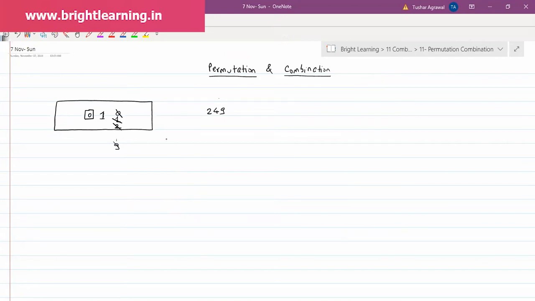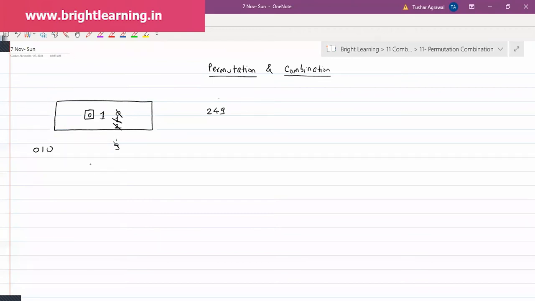So I can ask you, at what attempt will you be able to open this suitcase? 249 is a larger number, but if the password were, hypothetically, 0, 1, 0, then in the 11th attempt only you would have opened the suitcase, since the first attempt is 0, 0, 0.